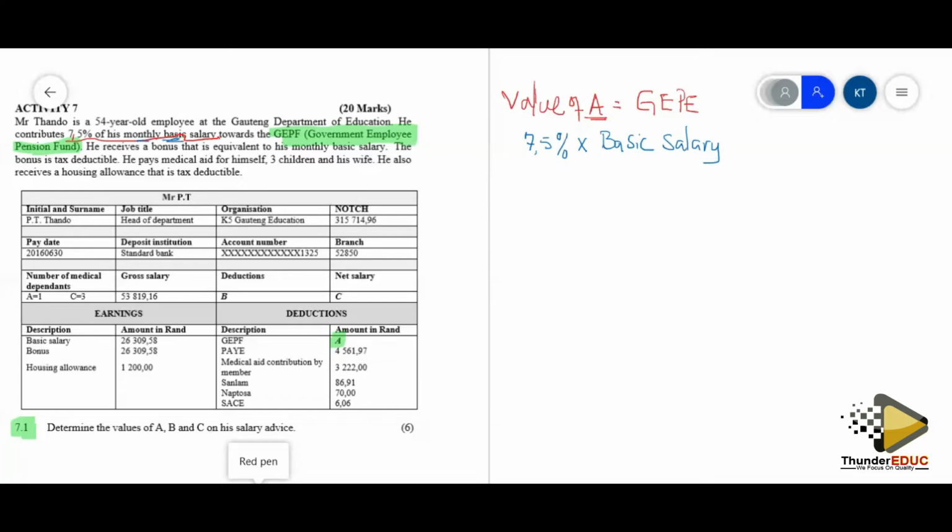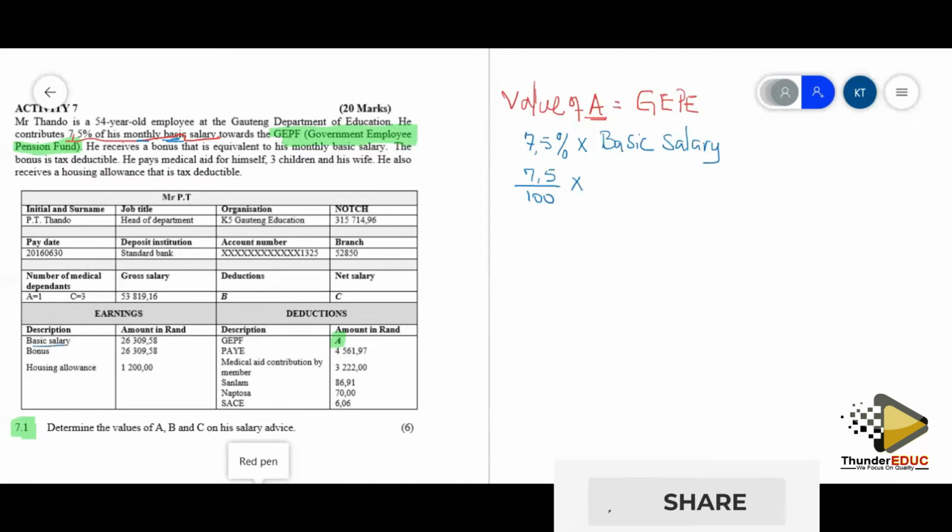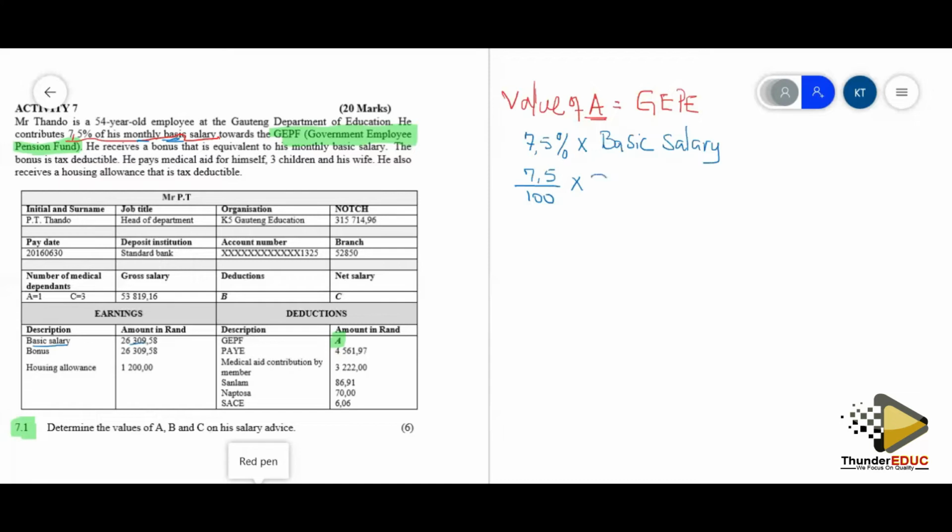So which is 7.5 over 100 times. Now we come here and we look. We see the basic salary is this one here, and it's this much. So we shall take that and we say 26,309.58 cents.